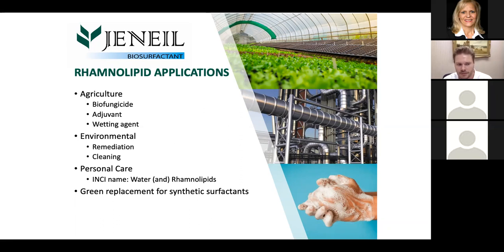The green and eco-friendly technical aspects of our natural rhamnolipids also make them popular for environmental remediation and cleaning applications. Our rhamnolipid products have good foaming activity and perform well in personal care and cosmetic applications. Our natural rhamnolipids make great replacements for synthetic surfactants in applications where there is an importance placed on sustainable and eco-friendly green technology.